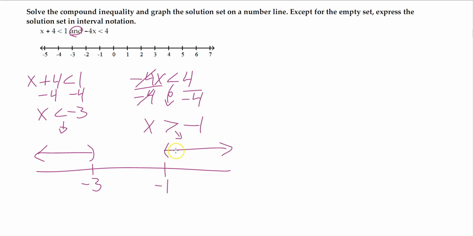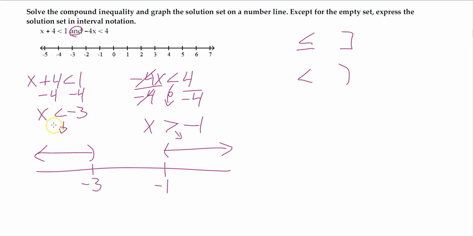Now notice I'm signifying the less than and the greater than with parentheses, not brackets, because we can't be equal to. So if you have less than or equal to, you would use a bracket with an equals in it. But if you just have less than, you would use just a parenthesis, etc. for greater than or equal to.